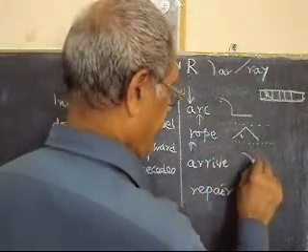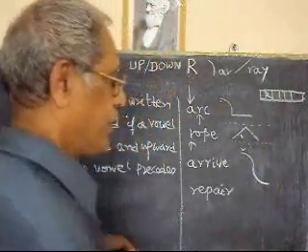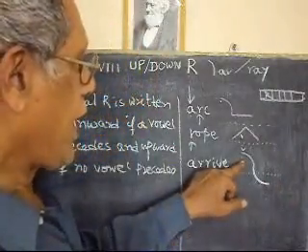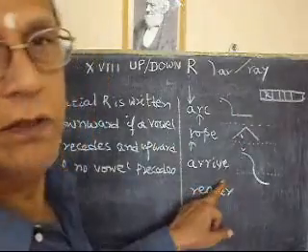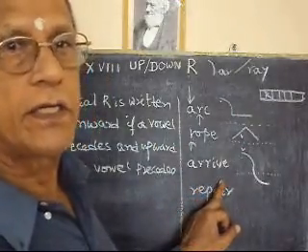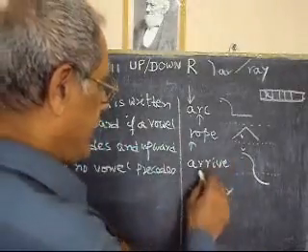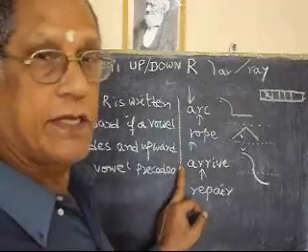Arrive. In this word, the first consonant is R. Before that there is a vowel.